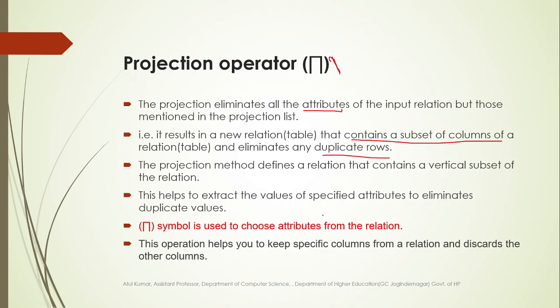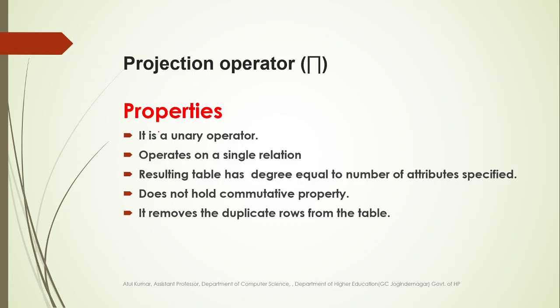It is also represented with the help of a symbol pi, and it helps to extract the values of specified attributes and eliminate the duplicate values. The main important properties of the projection operation: the first is that it is a unary operator, that means it operates on a single relation.